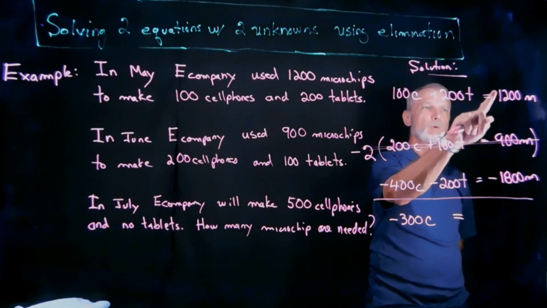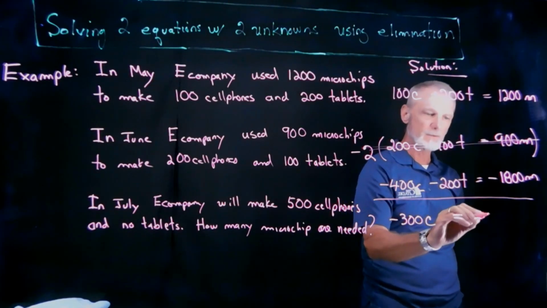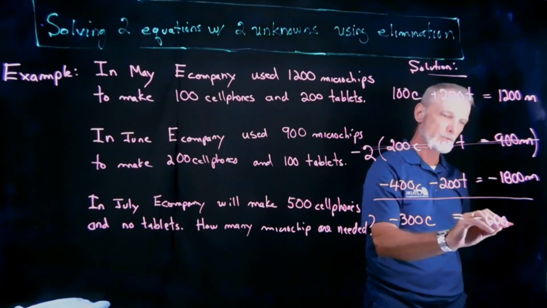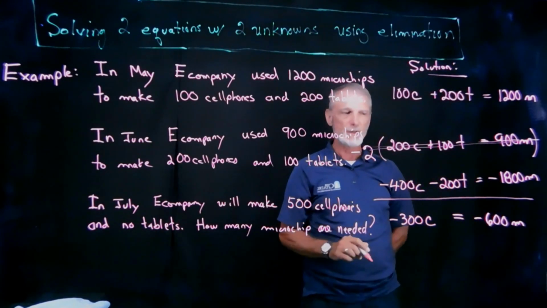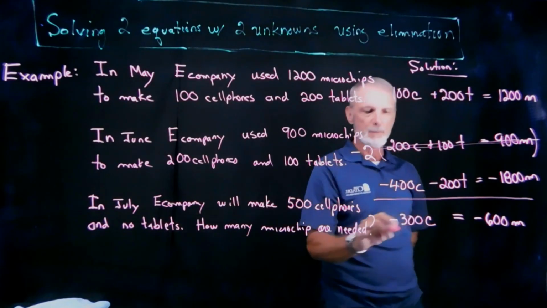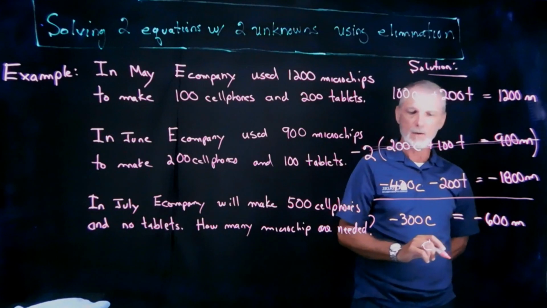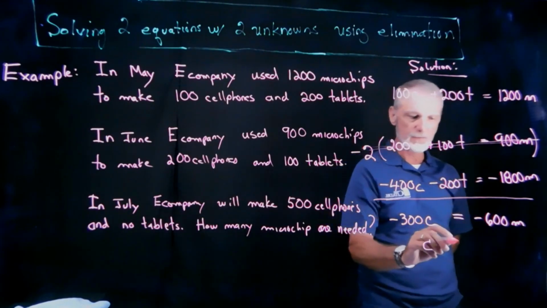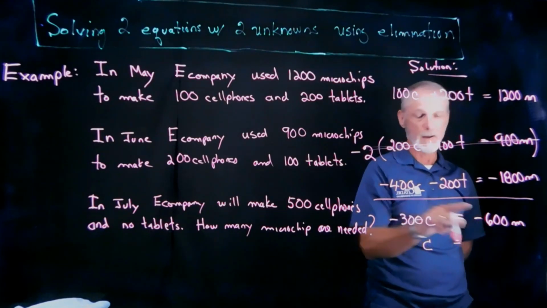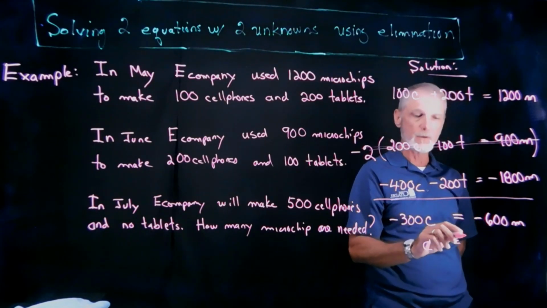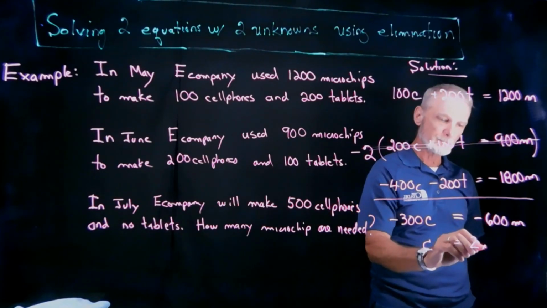And we're left with 1200M minus 1800M gives me minus 600 microchips. So now I can solve for C, and it's easy to see if I multiply both sides by 1/300, on this side I'll get C. And on this side, I'll get minus 600 divided by minus 300, which will give me 2.